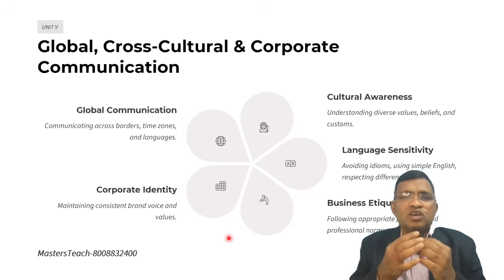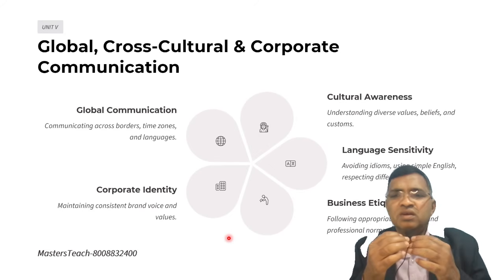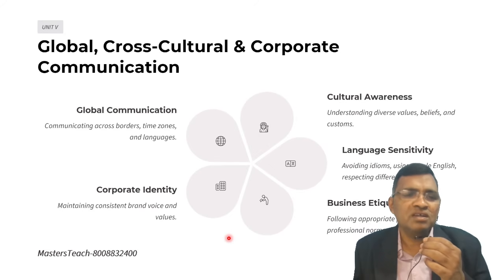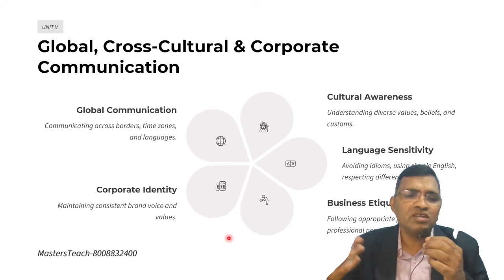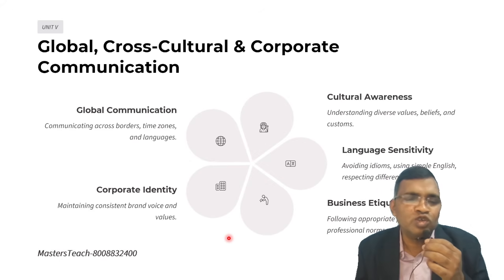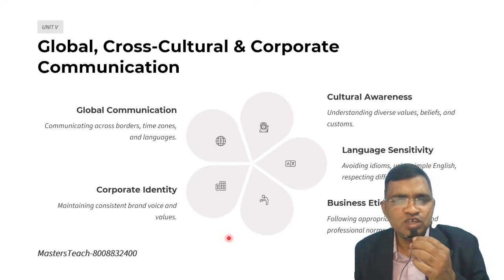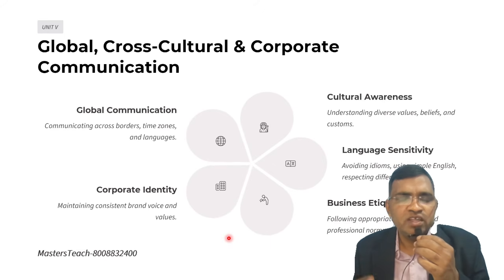Then what is global, cross-cultural, and corporate communication? Global communication means communicating across borders and different time zones: east zone, south zone, central zone, North American, different zones are there. And cultural awareness: when you are communicating, you should know their different values, beliefs, and customs.